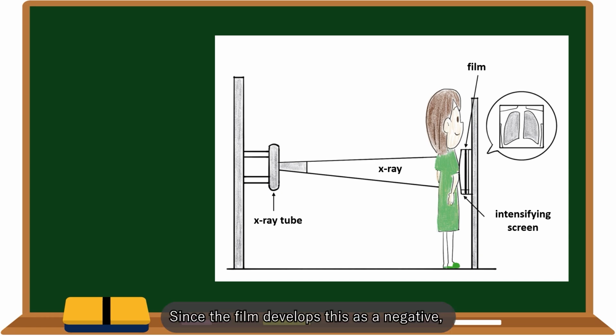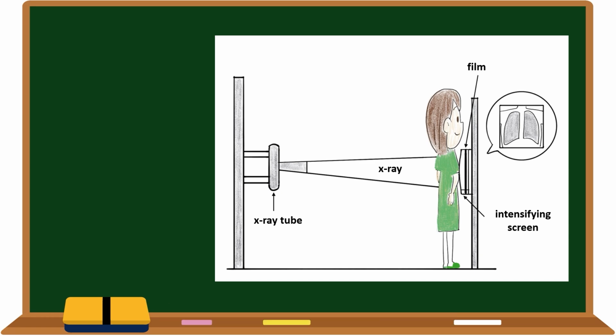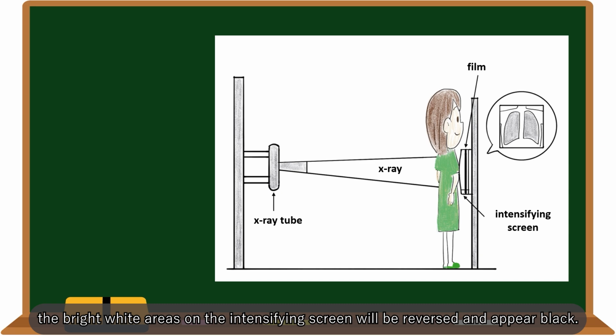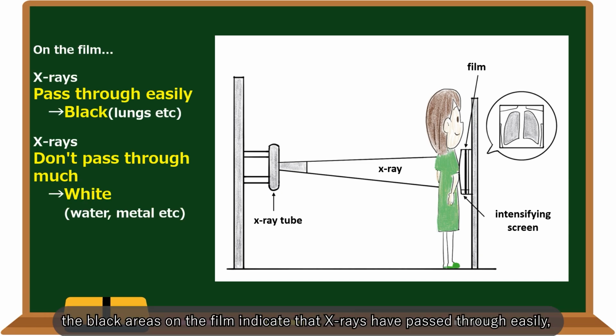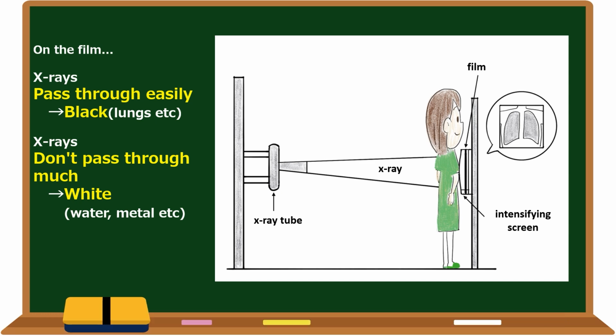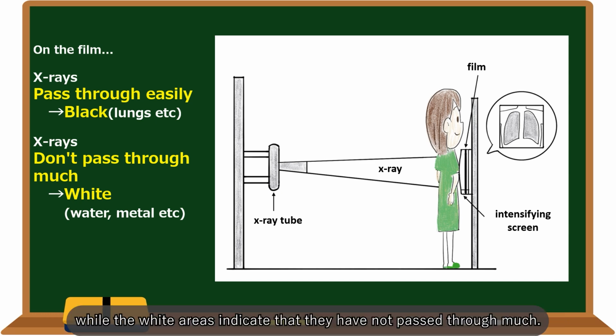Since the film develops this as a negative, the bright white areas on the intensifying screen will be reversed and appear black. In summary, the black areas on the film indicate that X-rays have passed through easily, while the white areas indicate that they have not passed through much.